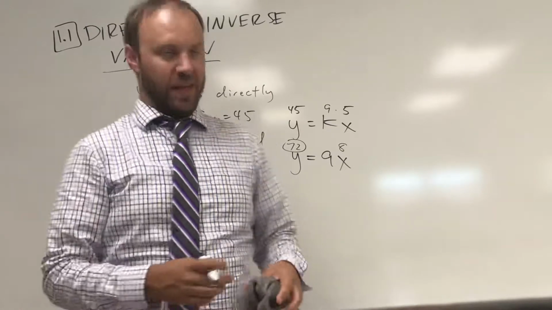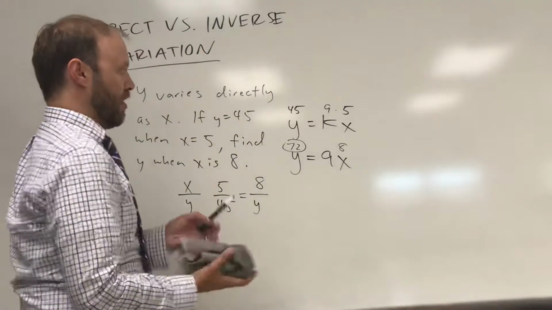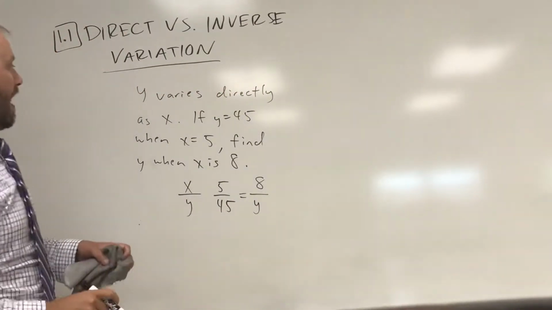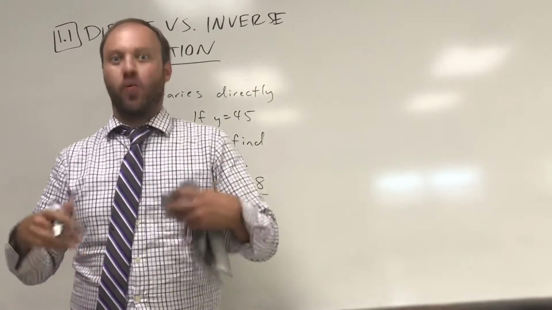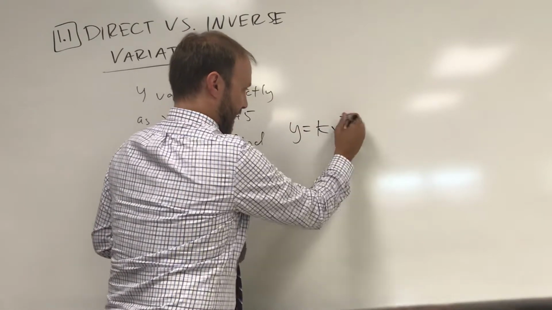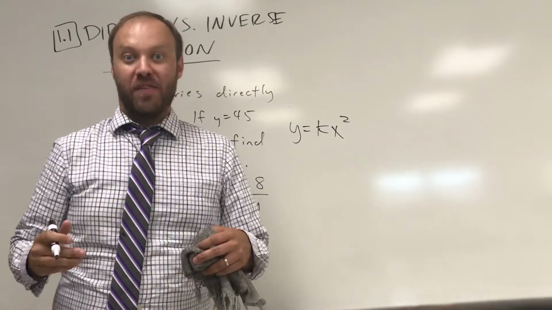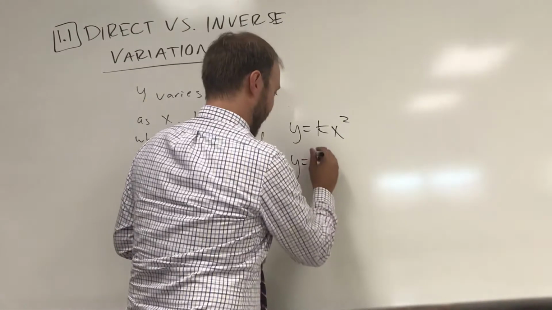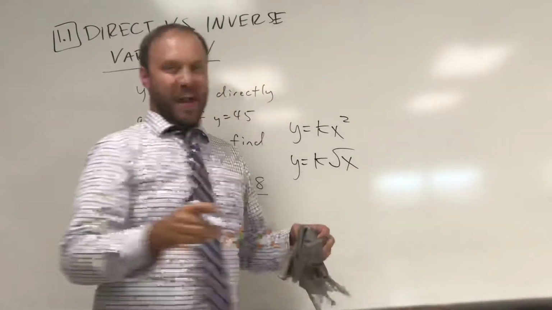Very straightforward relationship. And anyway, you can see other wordings. For example, if they said something like y varies directly as x squared, that would be y equals a constant times x squared. If they said something like y varies directly as the square root of x, that would be y equals a constant times radical x, and so on and so forth.